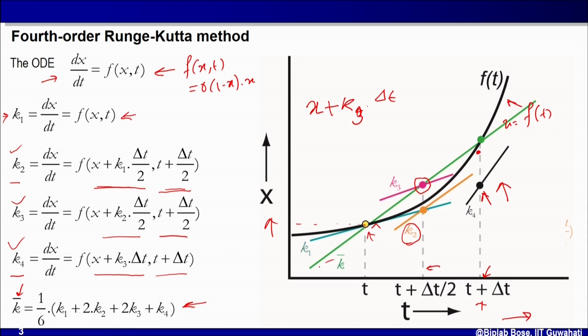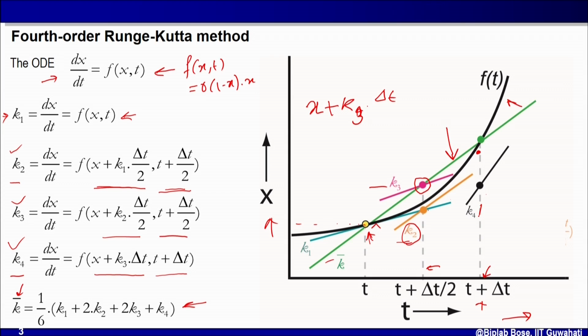So if I now draw a line having mean k slope along this initial position of x, that is this yellow point, then I get this green line. So what I have done, if I clean a bit, I have four slopes, k1, k2, k3 and k4.